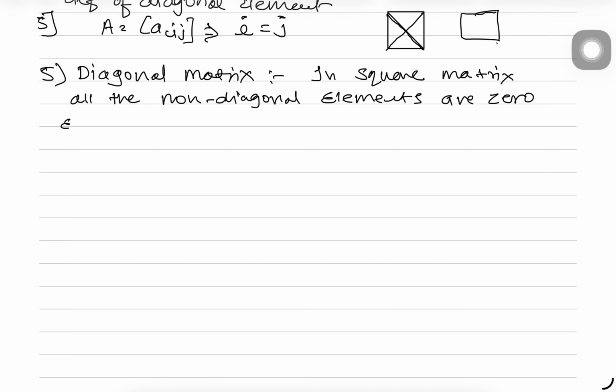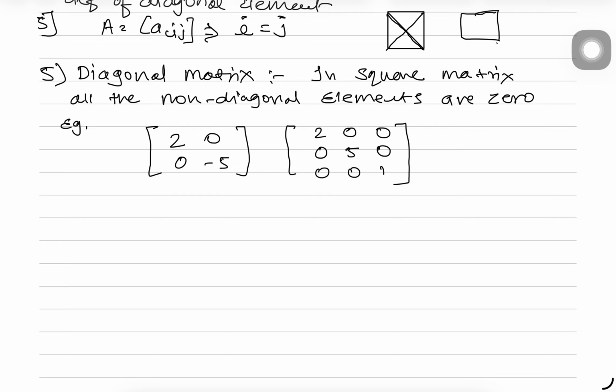For example, 2, 0, 0, 0, 5, 0, 0, 0, 1. The diagonal elements are present, and all the elements other than the diagonal elements are 0.